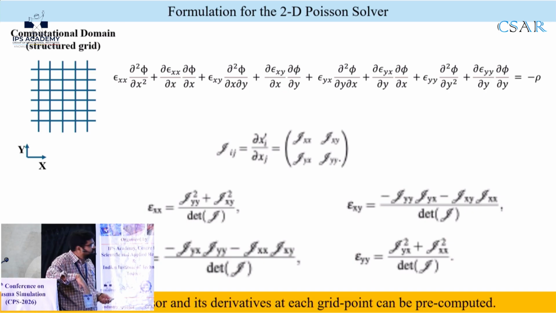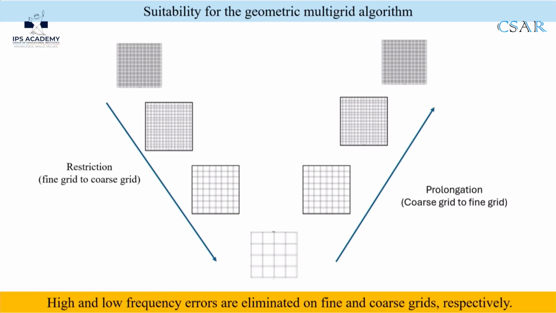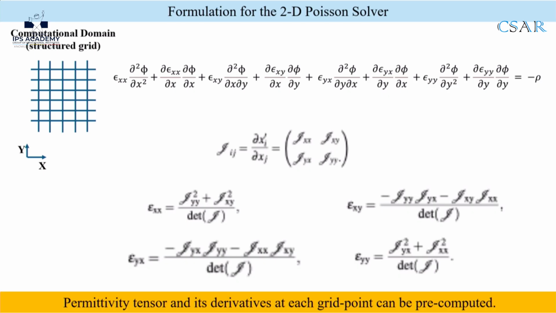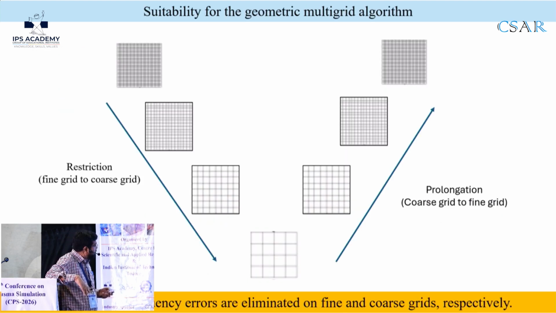We have these Jacobian matrices, and in 2D you can explicitly compute the four components: epsilon xx, epsilon yy, and two off-diagonal components. The advantage is that once the mapping is fixed, these matrices are pre-calculated, so you don't have to redo the calculation every time, unless you are doing an adaptive mesh where it has to be done every time.